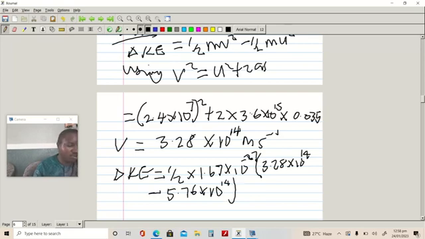Those are your velocities. Which is equal to 2.1 times 10 raised to the power 13, and the unit is joule.